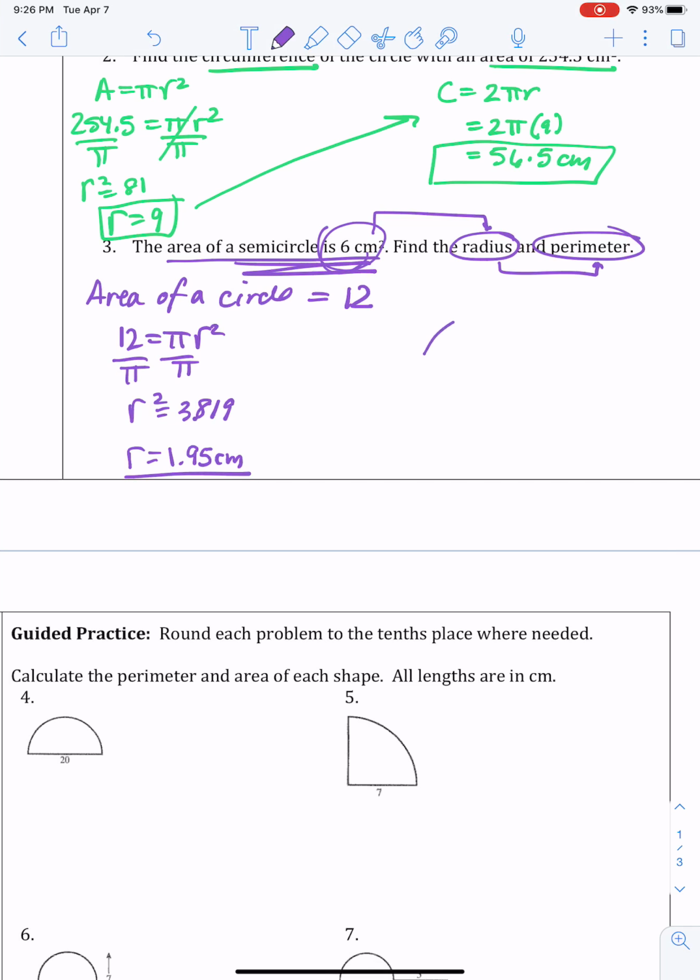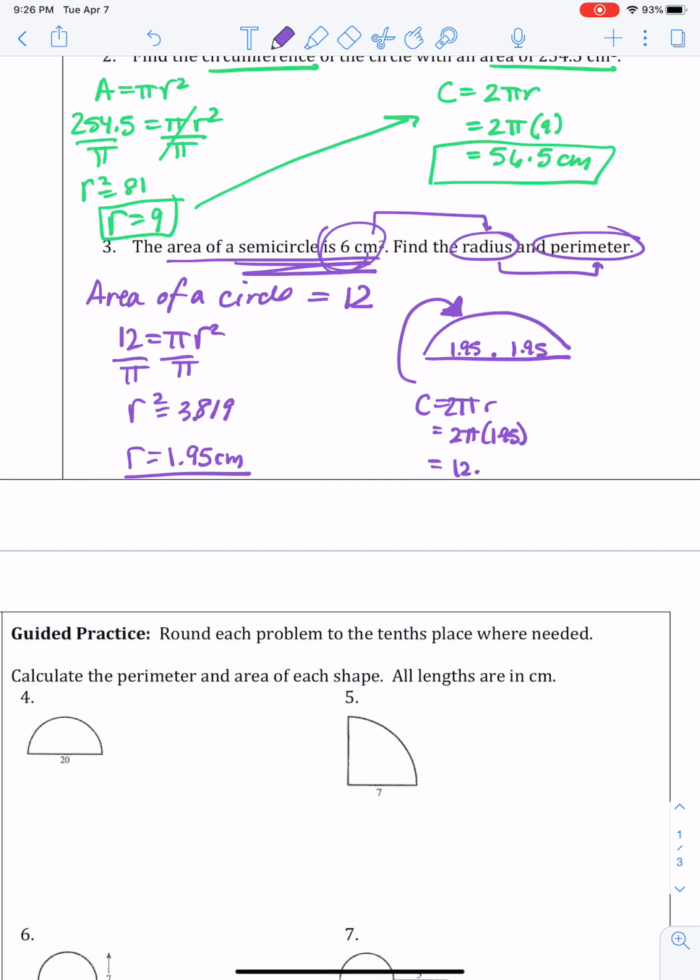Now, if I want the perimeter of a semicircle, the formula C equals 2 pi r only accounts for that piece. So then I know that this is 1.95 and 1.95. So I have to remember to add those two pieces when I'm done. So that's 2 pi 1.95.